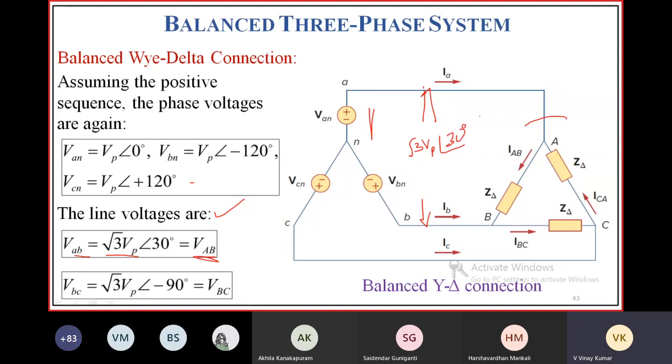This line voltage V_ab is applied across this impedance AB, applied between A and B. So the voltage across this is the line voltage, root 3 V_p at an angle 30 degrees. If you want to find I_AB, it is equal to root 3 V_p at an angle 30 degrees by Z_delta.